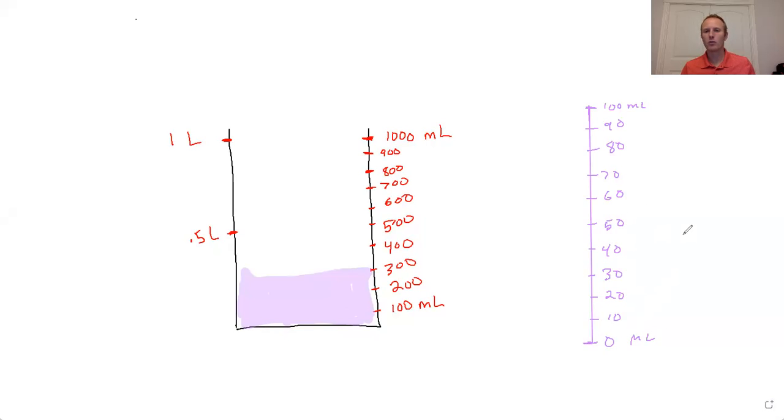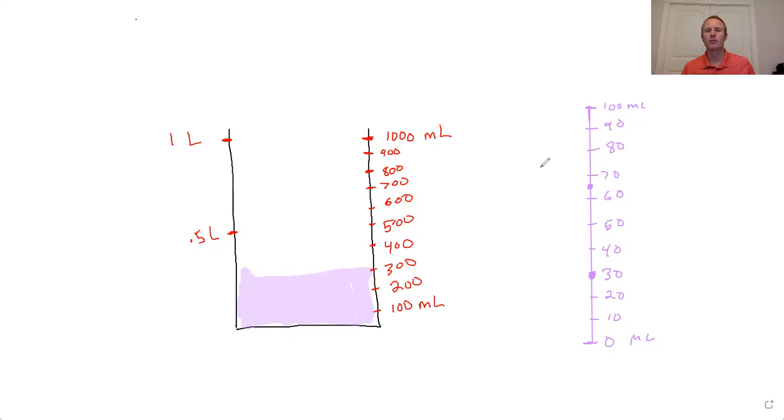And you could be asked to do things like place a dot on there. Say you were supposed to find 65 milliliters, you could do that. That's halfway between 60 and 70. Or you had to find 30, which is right here. You might have to compare these two, in which case you could say 65 minus 30 is 35.